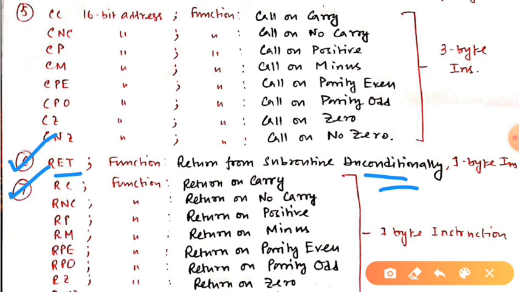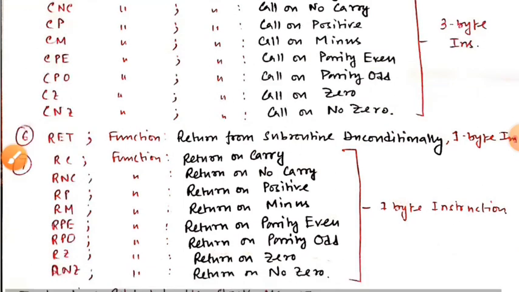And as you can see, the return instructions are of 1 byte only. If we specify the hex code of the return instruction, it will be sufficient. We do not need to specify anything else, because the address to which it will return is already stored in our stack memory, and the stack pointer holds the corresponding address, so it's not required. So it only needs a hex code.